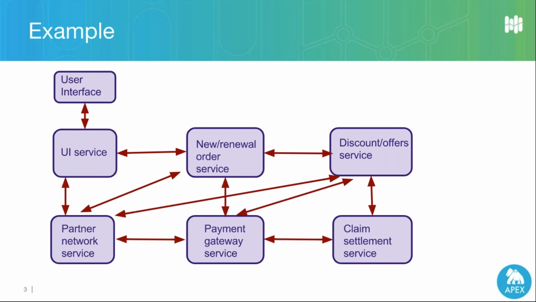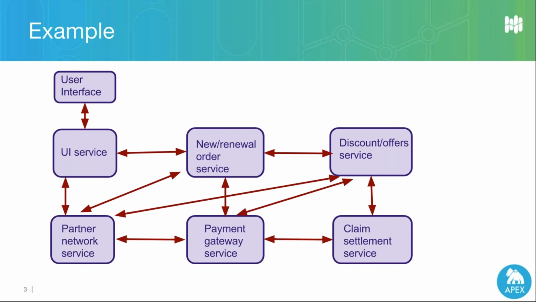But just for illustration, let's say there is a user interface component, served by a UI service layer, and then a payment gateway integration component, and a component doing the actual new orders or renewal orders servicing, and then a component deciding on discounts, offers and so on, or one dealing with partners and paying them the commission and so on.